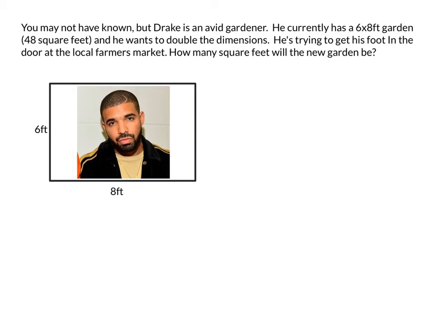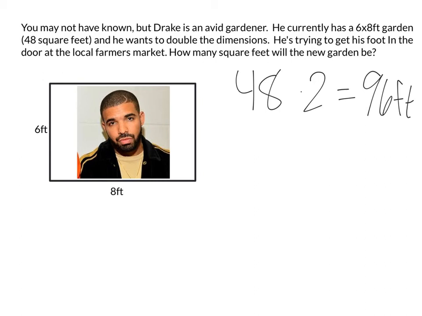Well, how many square feet? Let's see here. If I'm just doubling the dimensions, 48 square feet, I would double my area, and that would give me 96 feet squared, and I'd be done, right? Ooh, maybe not so fast. Let's think about that again before we jump to conclusions. If I double my dimensions, I'm going to take that guy and extend it 6 feet.